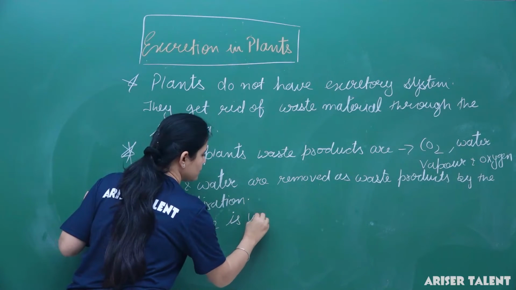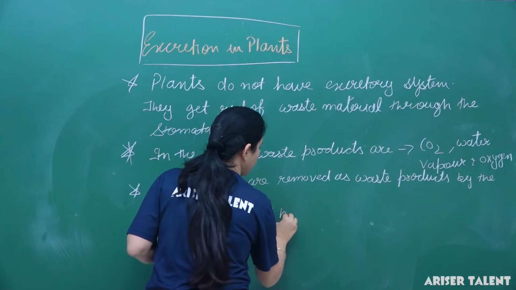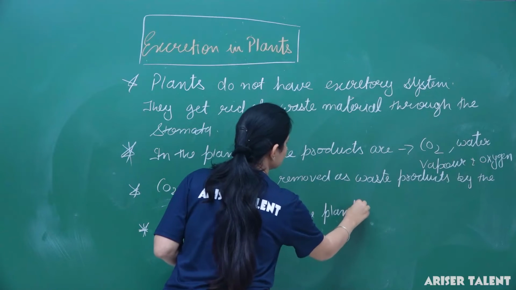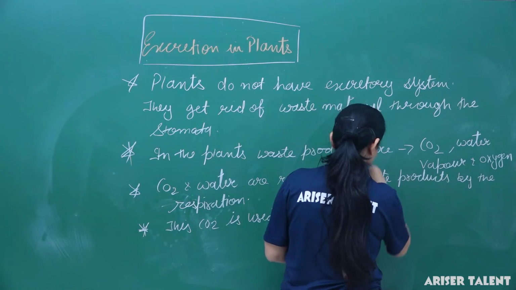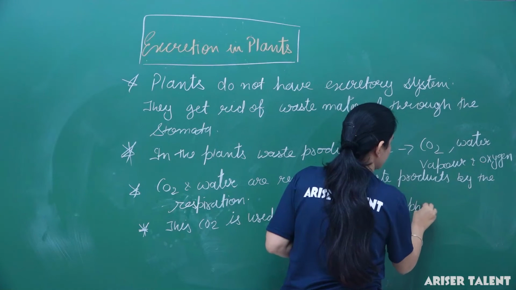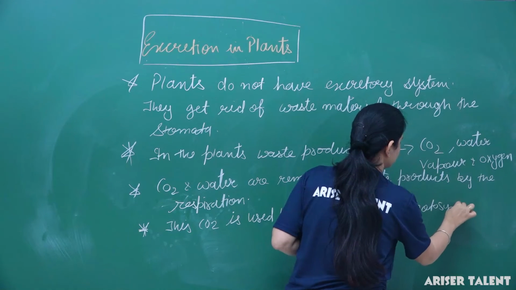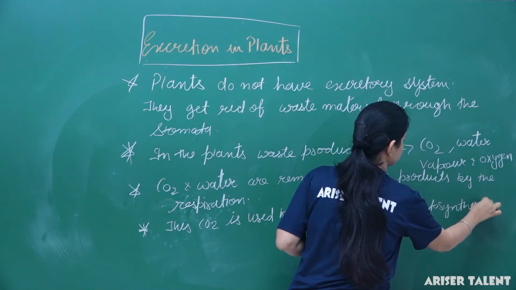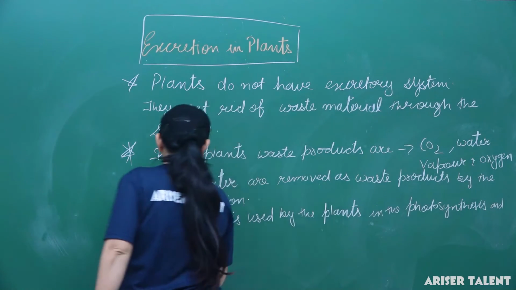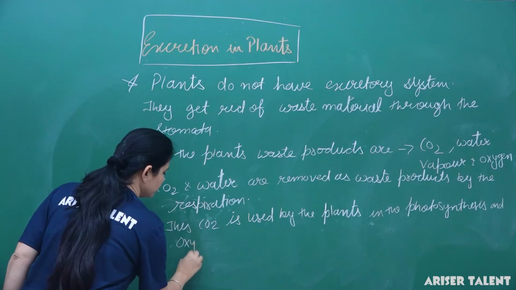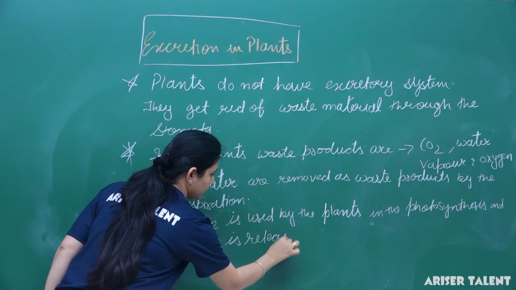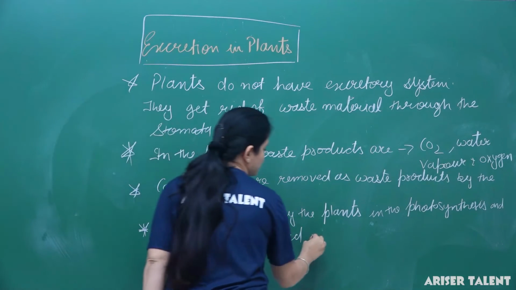So carbon dioxide is used by the plants in photosynthesis, and oxygen is released during the daytime.